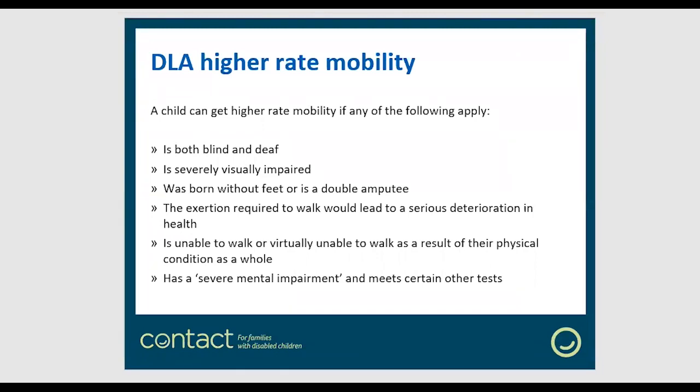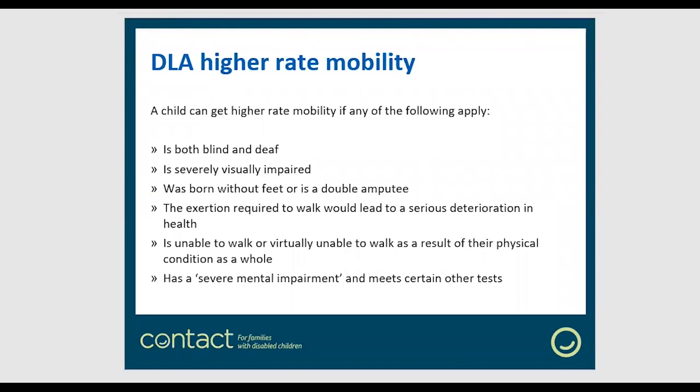What you need to show is that the exertion required would lead to such a serious deterioration that the recovery would either require medical intervention or take a very significant period of time, by which we mean weeks or months rather than hours or days.